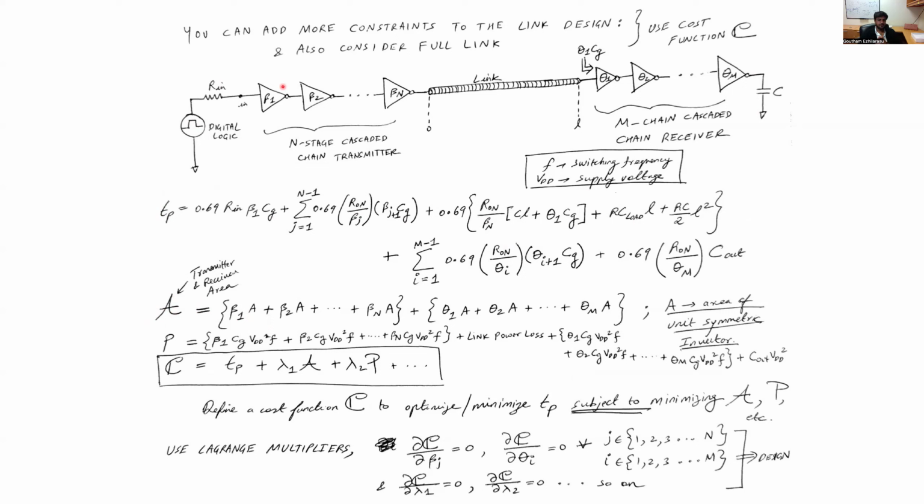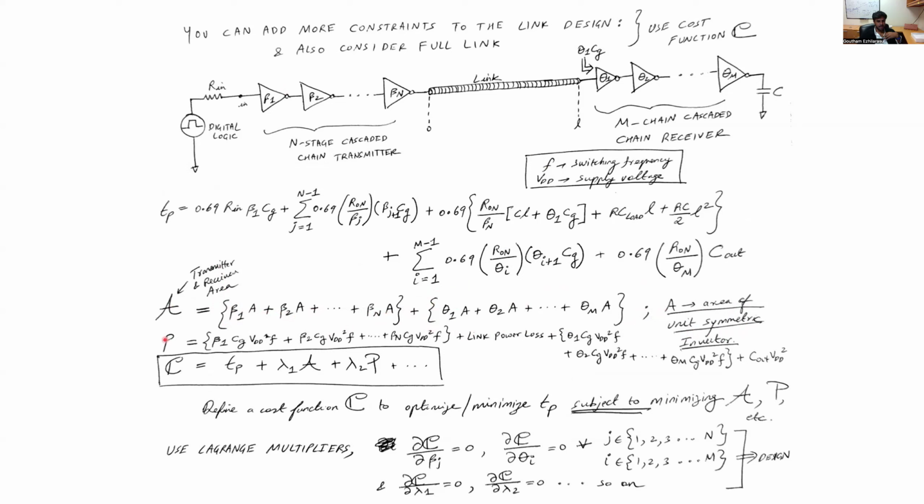So if A is the area of a unit symmetric inverter, then the size of a beta inverter is just beta times A. And therefore, the overall area of the transmitter plus receiver is just going to be beta 1 A plus beta 2 A and so on up to beta N A, plus the sizes of the theta inverters, which are the receiver side inverters.